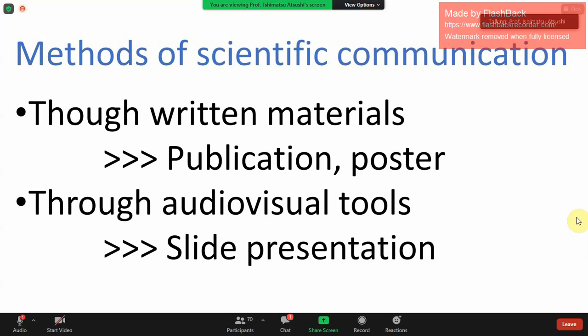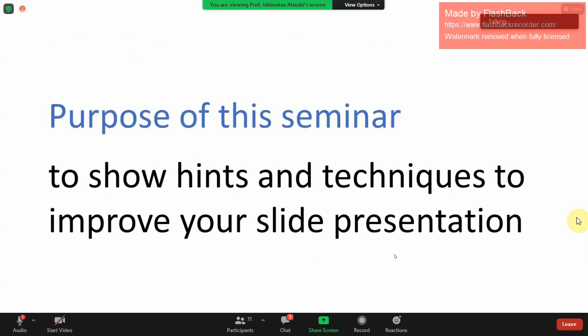So this is slide presentation, okay? So today, what we are dealing with is this part, okay? How to do this. So the purpose of this seminar is to show you some hints and techniques to hopefully improve your slide presentation.